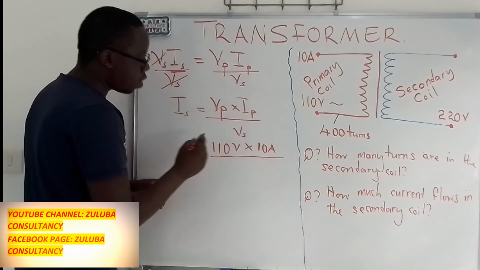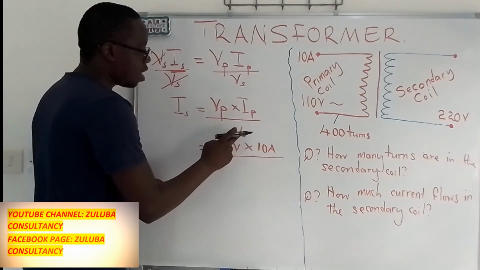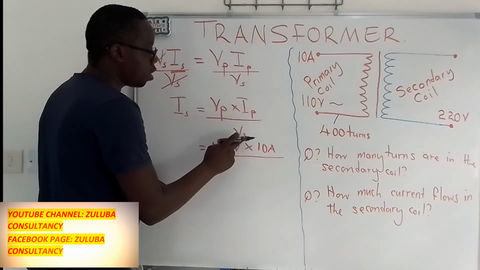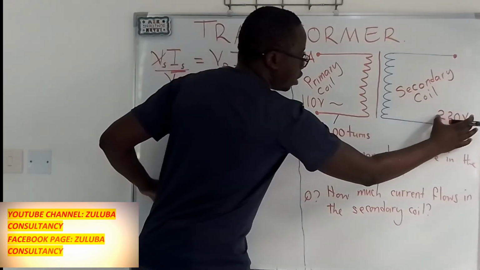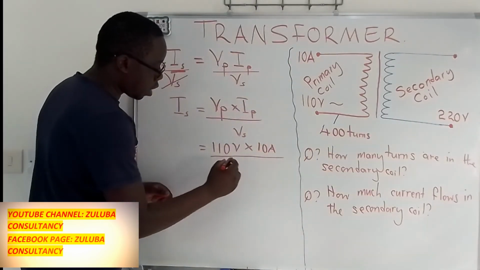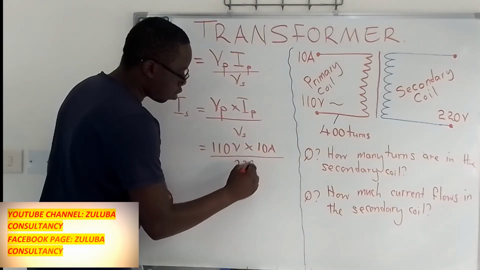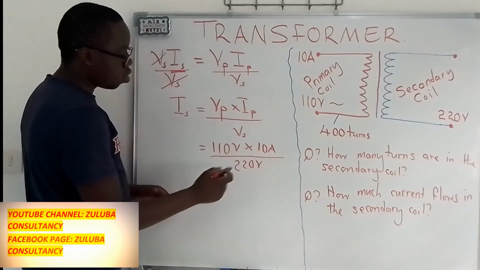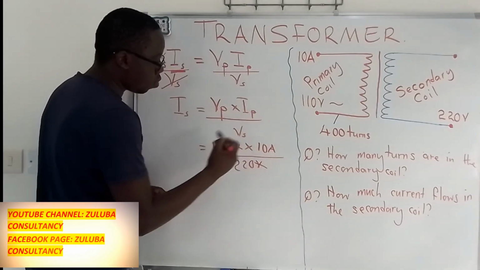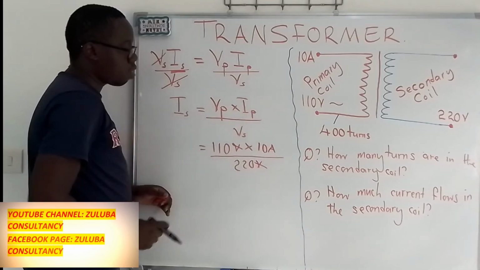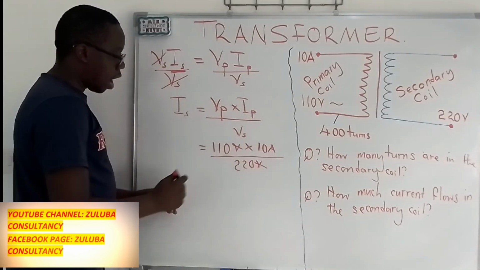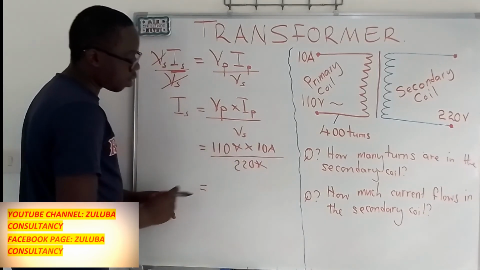Then divide by the voltage in the secondary, which is 220 volts. You will notice this V and this V will cancel, then we'll remain with the A as the unit for the answer.